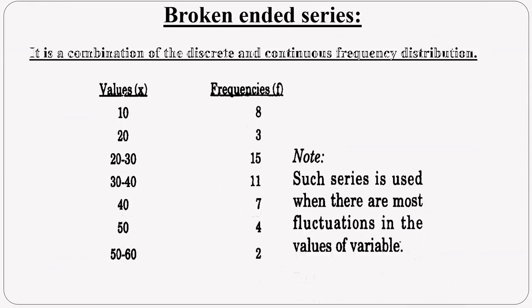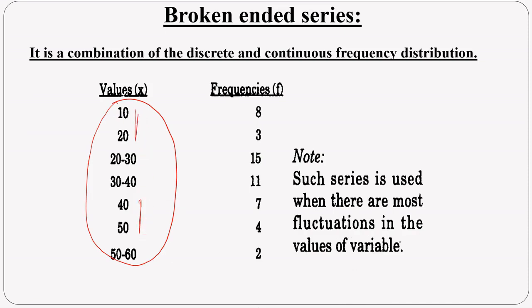First, let me explain what is broken-ended series. Now you can see the examples very clearly with regards to values and frequencies as I am underlining. You can see there is no continuity in the values.